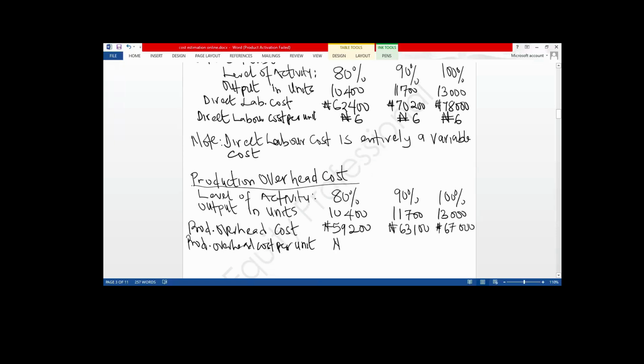5.69. 5.39. 5.15. All right. You observe that this cost is not constant per unit.